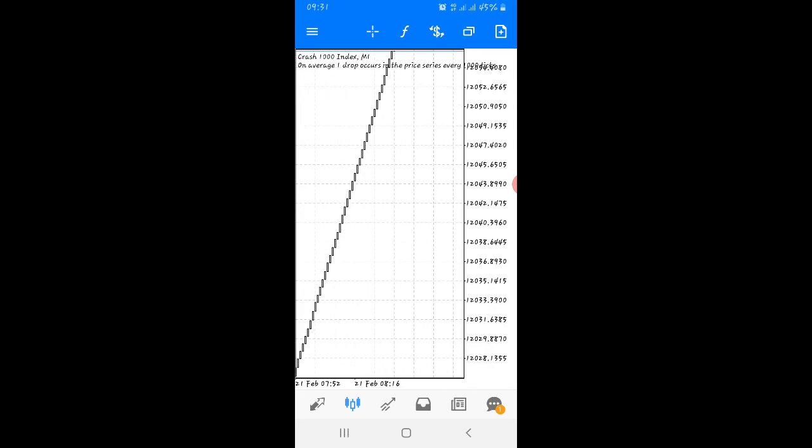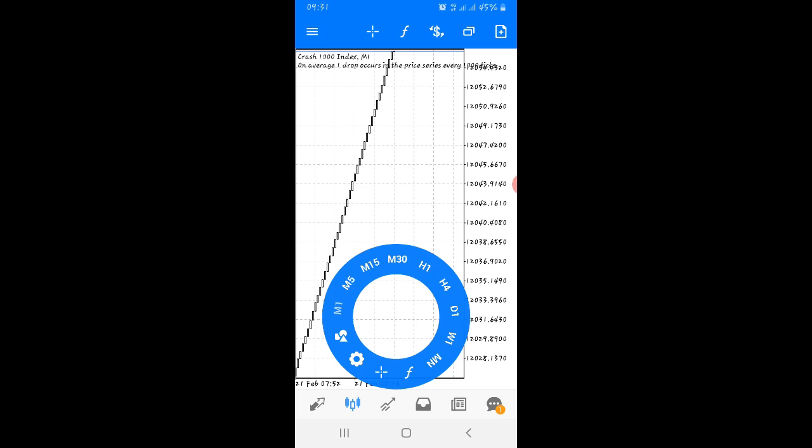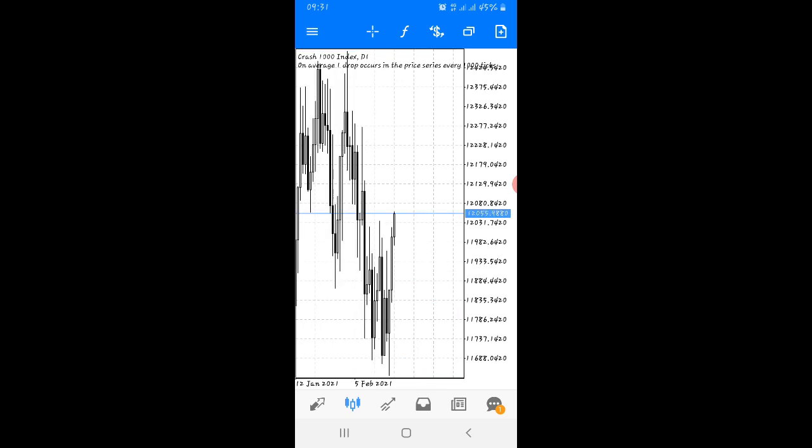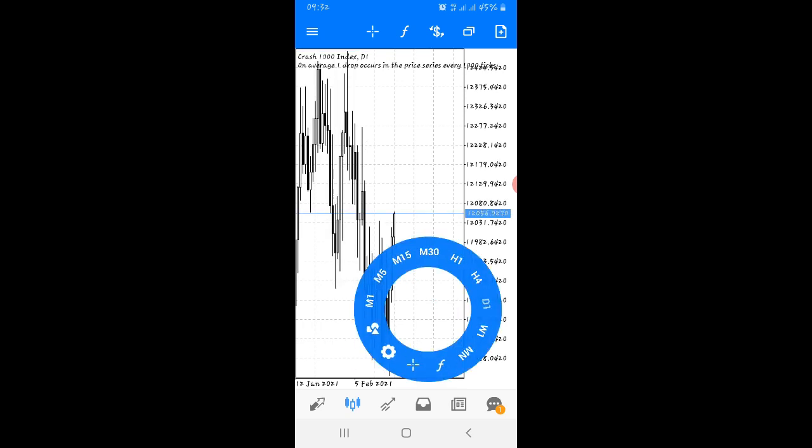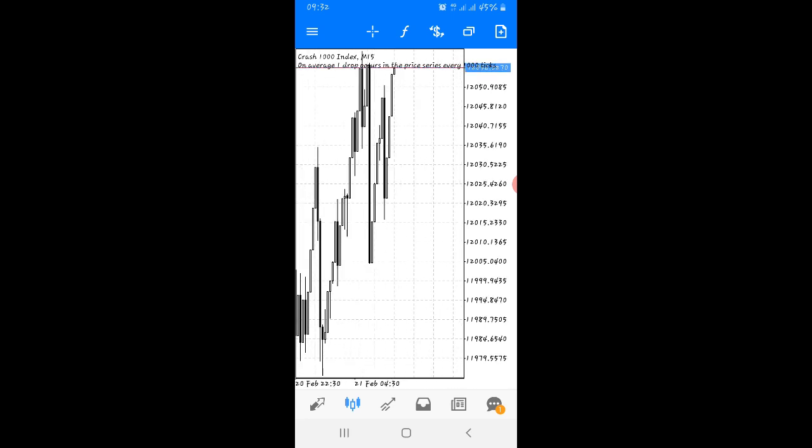For small accounts, I prefer to use small lot size and leave it for a long time. I prefer to analyze with long time frame for small accounts.